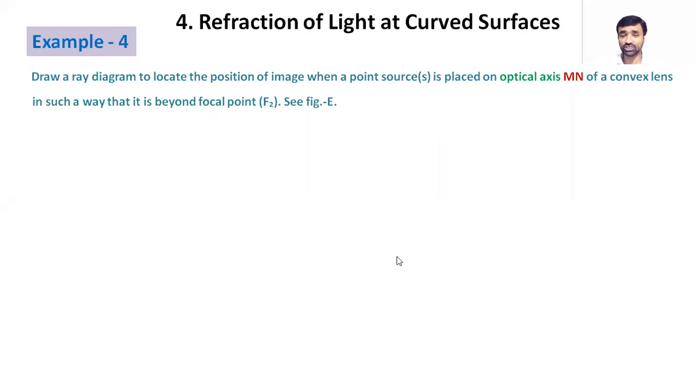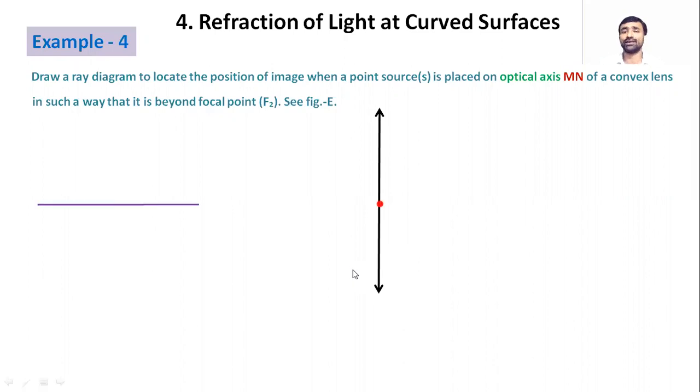So for that, just understand figure E, which is given in your textbook, right? So I'm drawing that figure E. First of all, I need a lens. Which lens? A double convex lens, because it is suggested as a convex lens. Then identifying its pole, then drawing a line called the principal axis, and identifying its focal points.